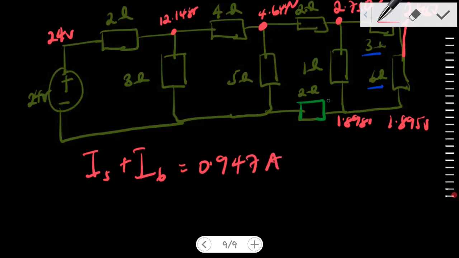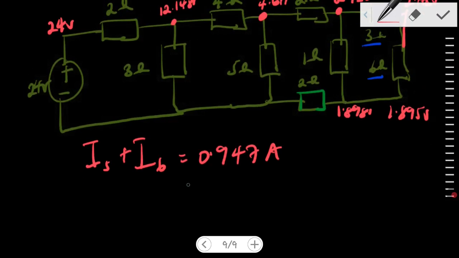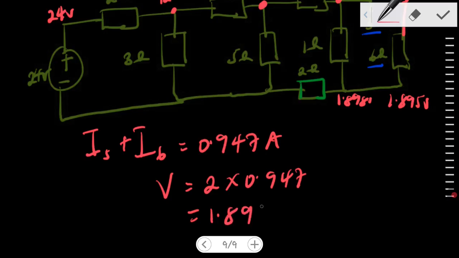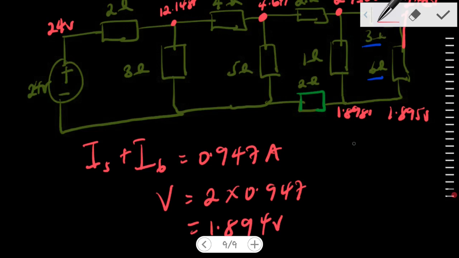So the PD across that resistor equals 2 times 0.947, which gives 1.894 volts, right?